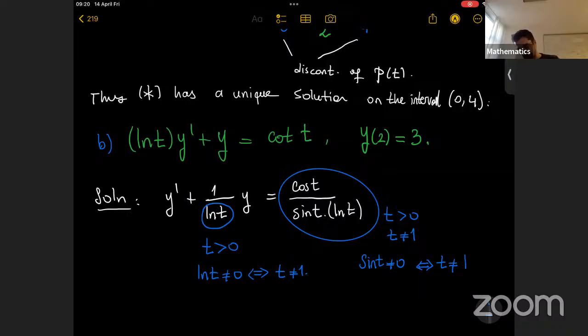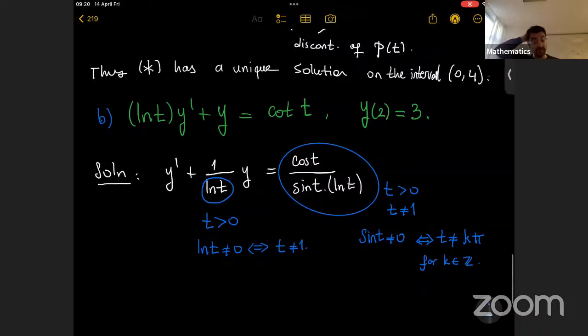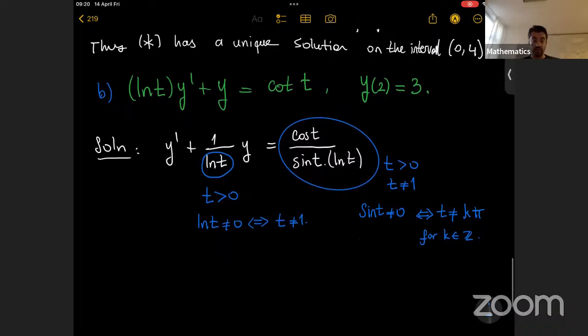So t cannot be k pi for any integer k, okay? 1, 2, -1, -2, and so on. For any integer k, t cannot be k pi, otherwise sine t is 0 and we are in trouble, okay? So these are the conditions for the interval.